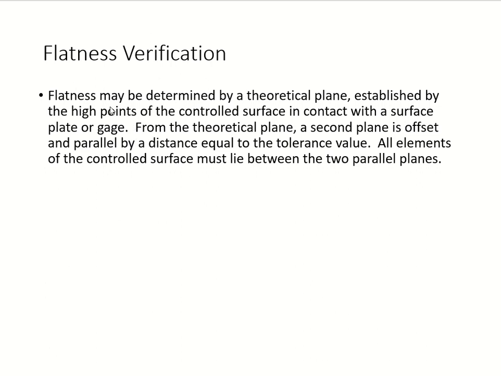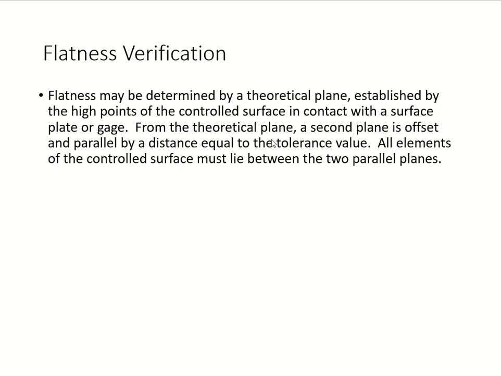So, from away, we're going to say, oh, that's the high point of a control surface, in contact with a surface plate or gauge. A gauge is a measurement device that you use to measure the flatness of a surface. So we're dealing with the high points of that surface, which is in contact with this. Okay, that's what it's talking about.